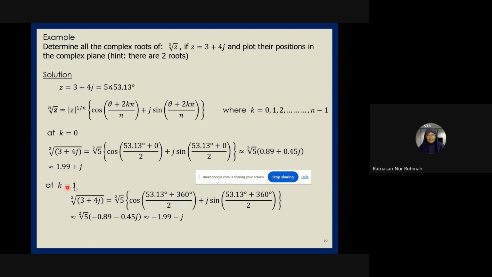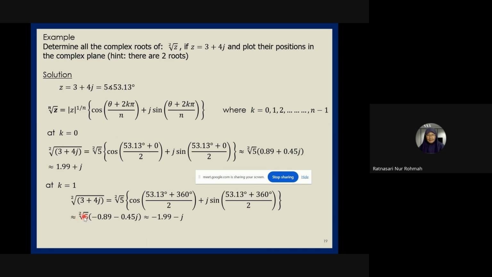And the second root we calculate at k equal to 1. We have the square root of 5 multiplied by cosine of (53.13 degrees plus 360 degrees) divided by 2, plus j sine of (53.13 degrees plus 360 degrees) divided by 2.